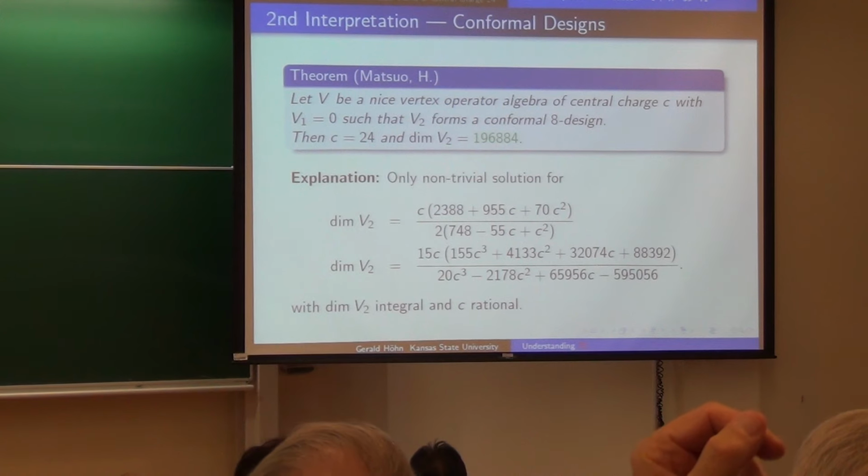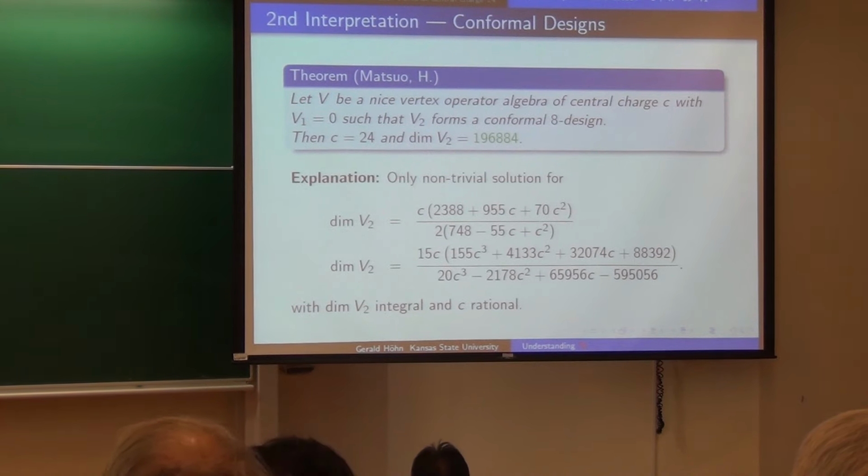I generalized this notion somewhat to the notion of conformal design, which works as an analog of the notion of block designs and spherical designs in finite combinatorics and in lattice theory.